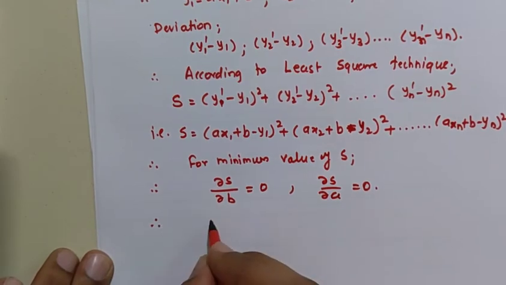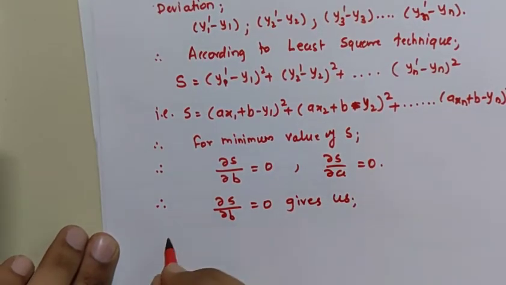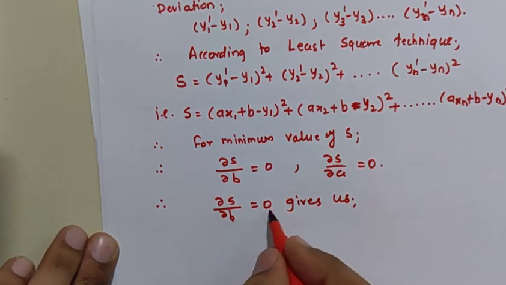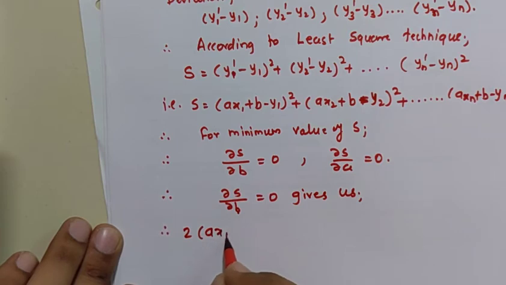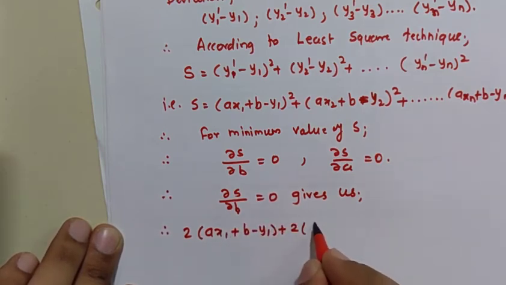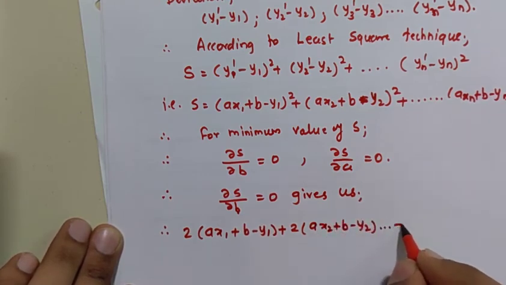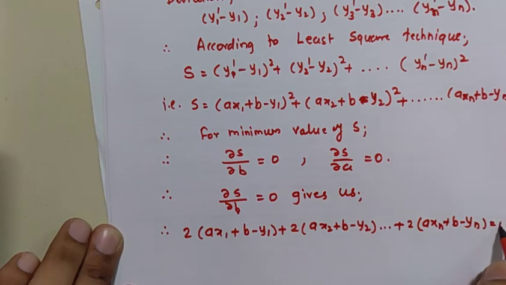So del S by del b equal to 0 gives us, after differentiating this S term with respect to b and equating it to 0, an expression like this: 2 of (ax1 plus b minus y1) plus 2 of (ax2 plus b minus y2) up to n terms, 2 of (axn plus b minus yn) is equal to 0.